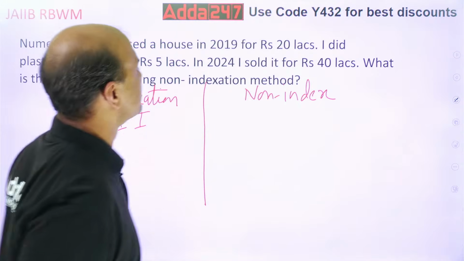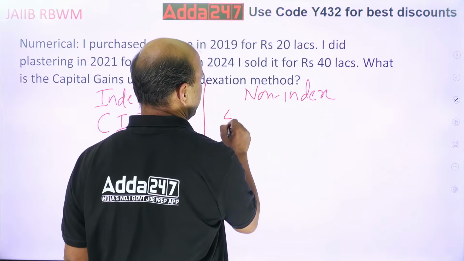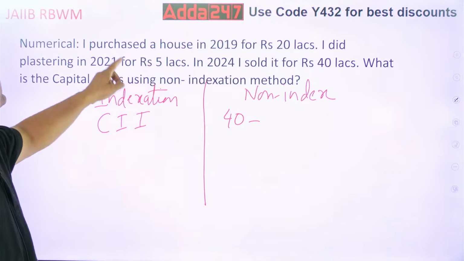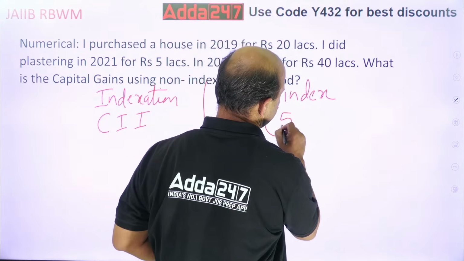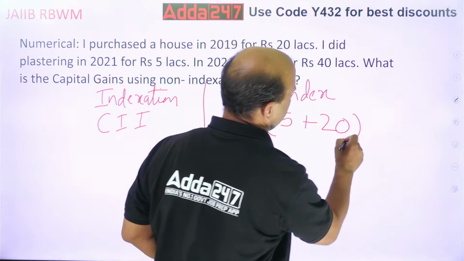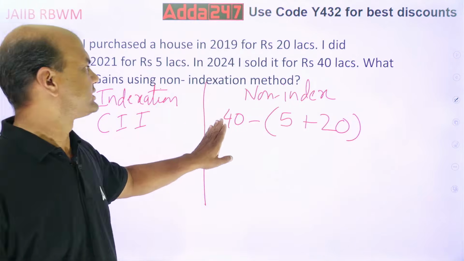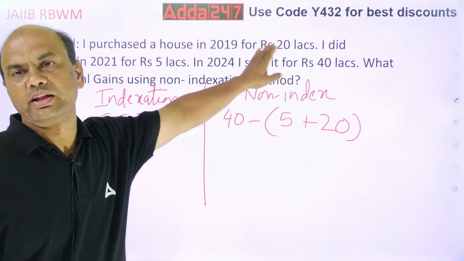So non-index means what? See, simple. Selling price 40 lakhs minus the plastering cost of 5 lakhs plus the purchase cost 20. Your 40 lakhs minus plastering cost minus 20 lakhs.